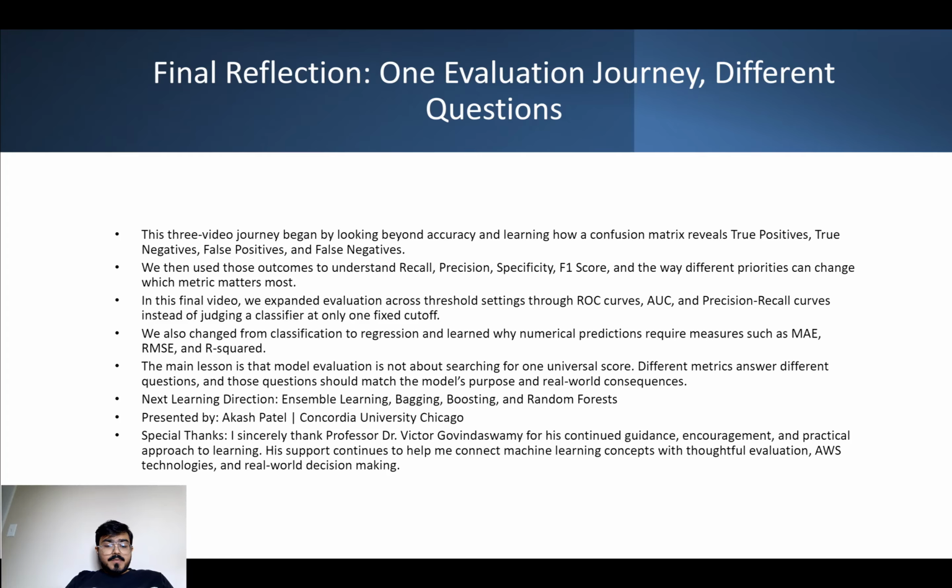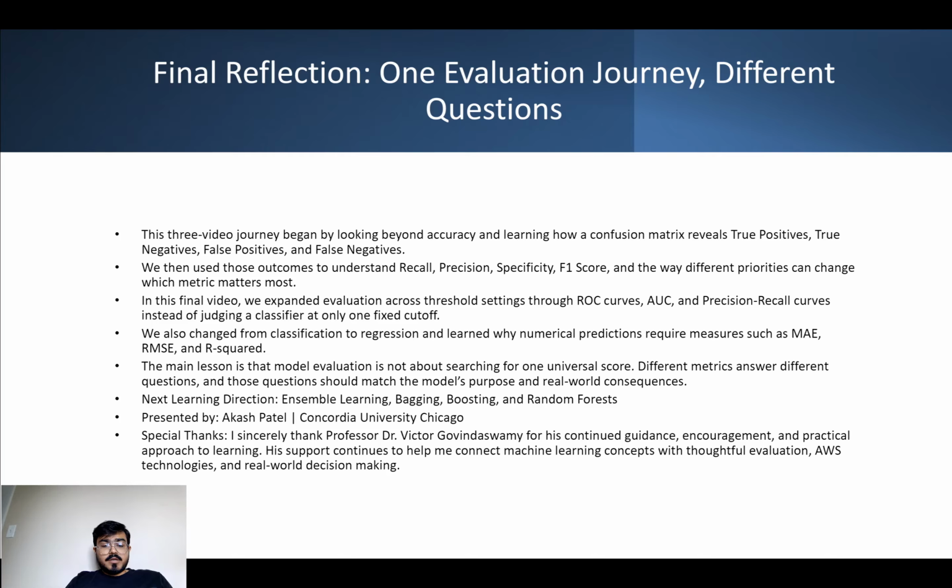We also explored regression evaluation, and learned how MAE, RMSE, and R squared help us measure prediction errors and overall model performance when predicting numerical values. Different metrics answer different questions, and we must select the right one depending on the type of model, the data, and the real world problem we are trying to solve.